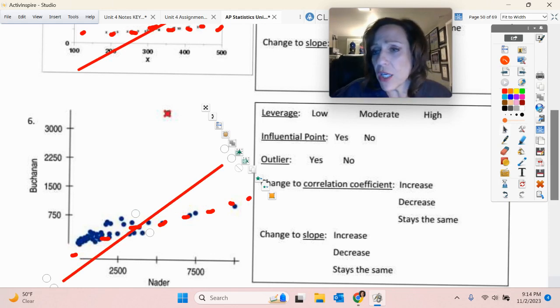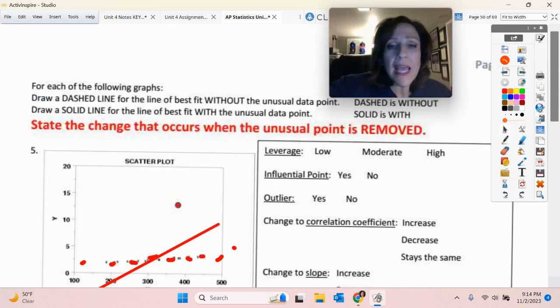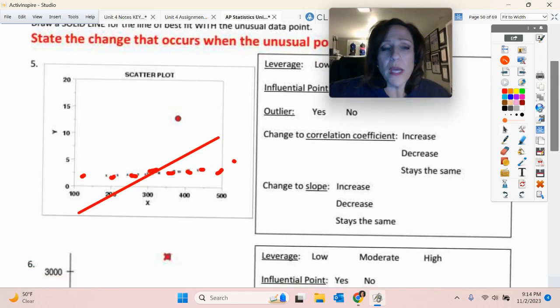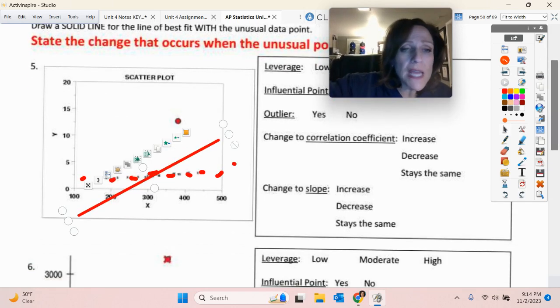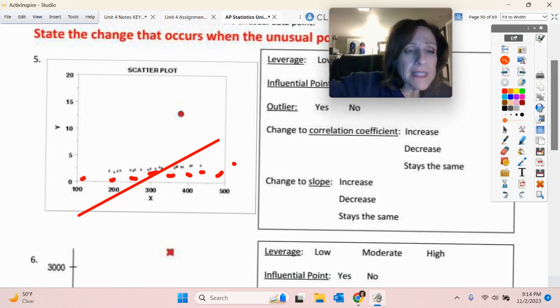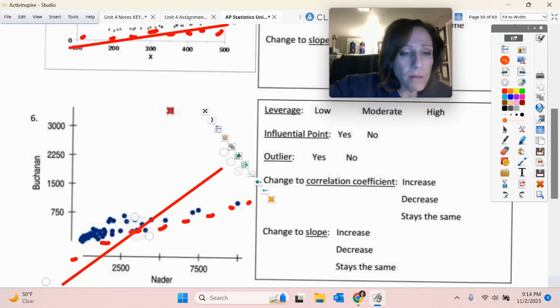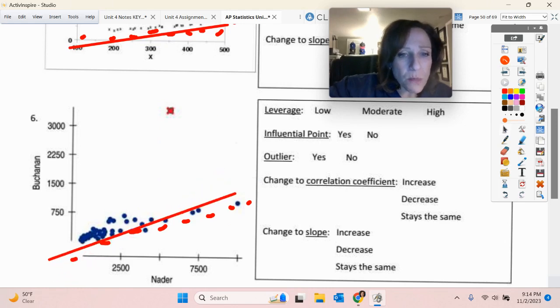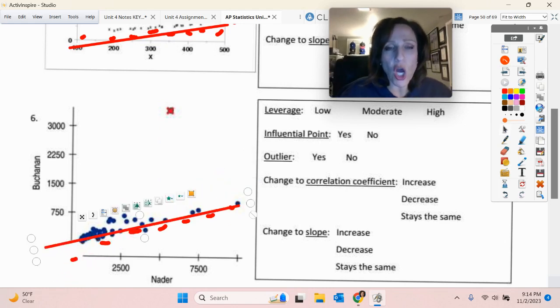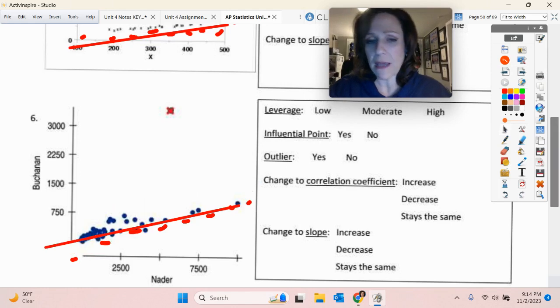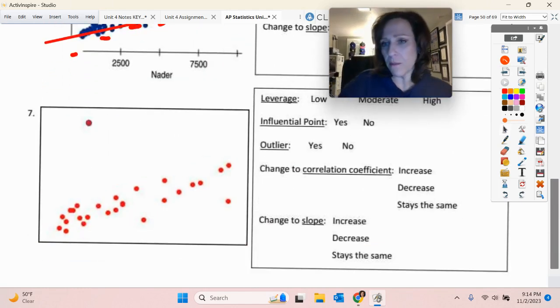And so then look at what the question says: if the unusual point is removed, then it would make this line go back down on the right. That's what's happening.